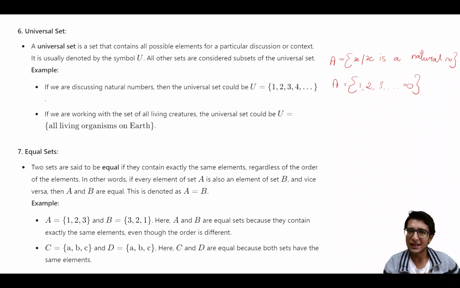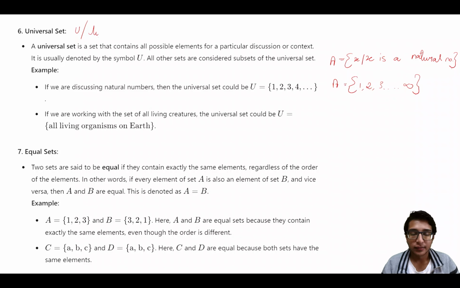A universal set could be anything. Again, it should take into account all the elements of the topic or all the discussion that we are going on with. Not forgetting, a universal set is generally represented by a U, or it is sometimes also represented by a mu sign as well.